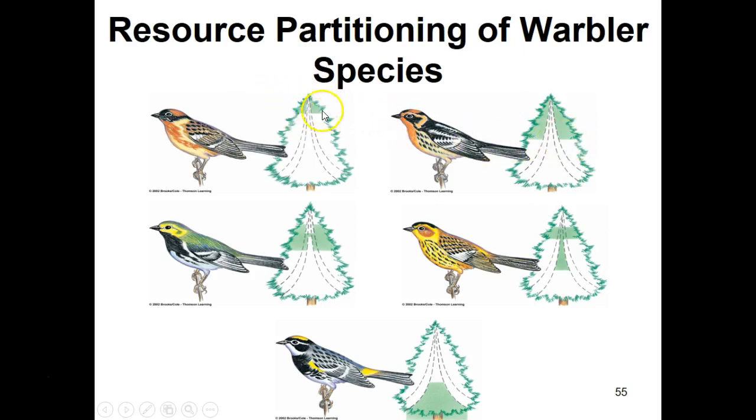Here we have a warbler that lives at the very tip of the tree. We have another one that lives a little bit lower down from the tip. Another one that lives in the middle region, and then one that lives very low on the tree. So these animals have partitioned these trees off so that they all can survive and gain the nutrients they need.